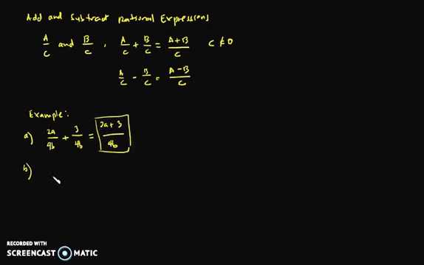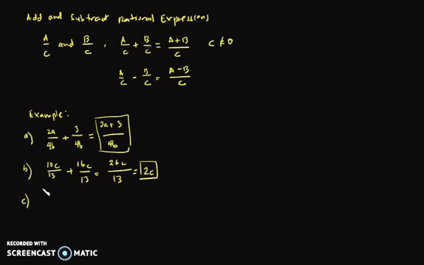For the second example, you have 10c over 13 plus 16c over 13. Again, just copy the denominator and then add the numerators. That is 10c plus 16c, which is 26c, and 26c divided by 13 gives us 2c.